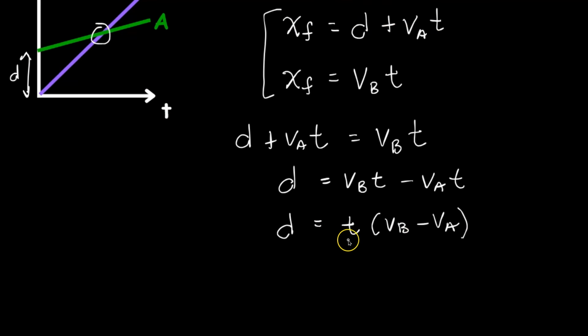Here we have the t factored out, and we're looking for t. So we're going to divide both sides by VB minus VA, and we get that the time is equal to d divided by VB minus VA.